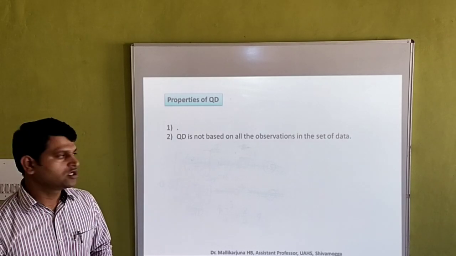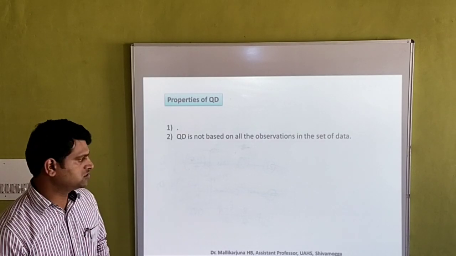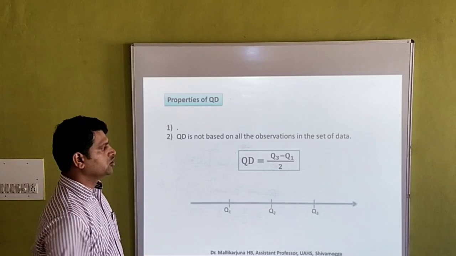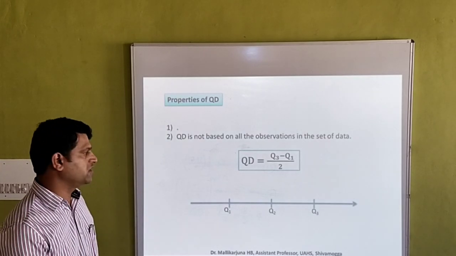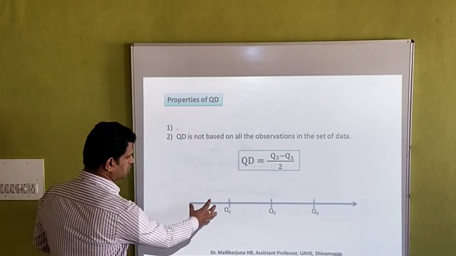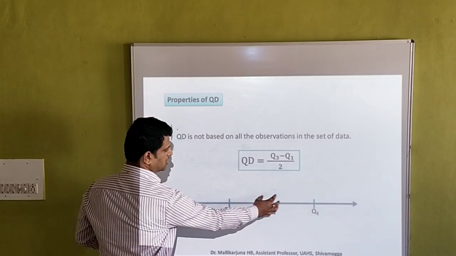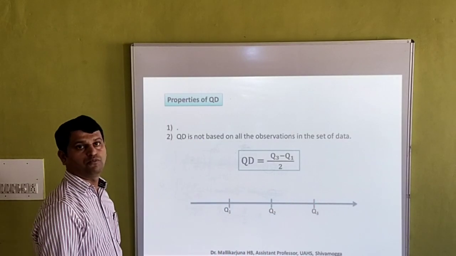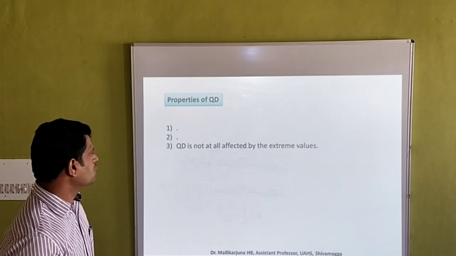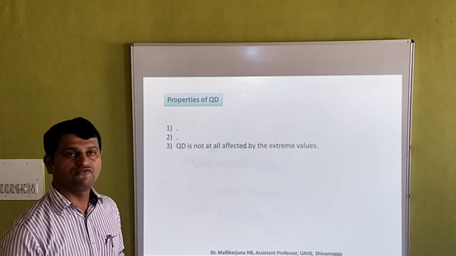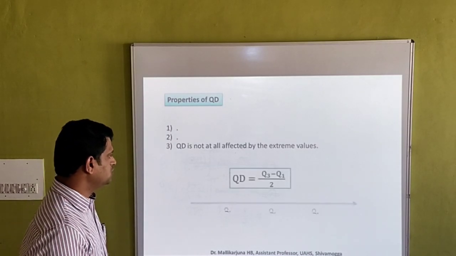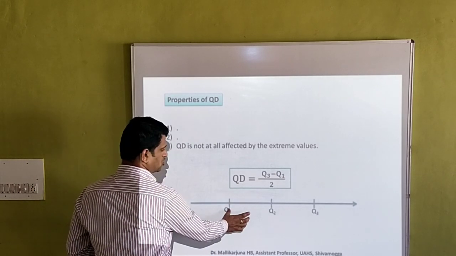Quartile deviation is not based on all the observations. It is based only on Q3 and Q1, so it won't bother about this set of observations here or here, only positional values. Quartile deviation is not at all affected by extreme values because it is based on the positions Q3 and Q1.